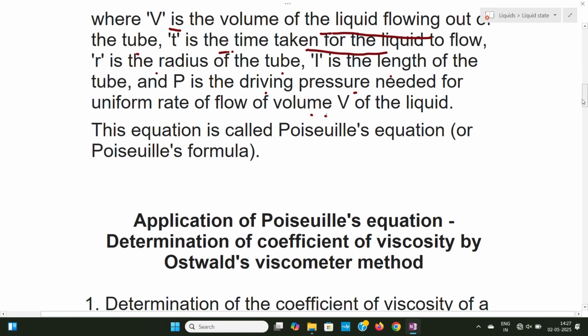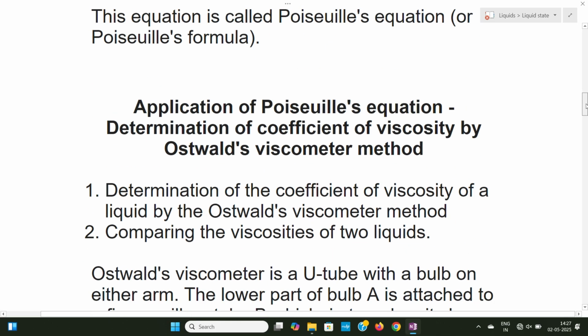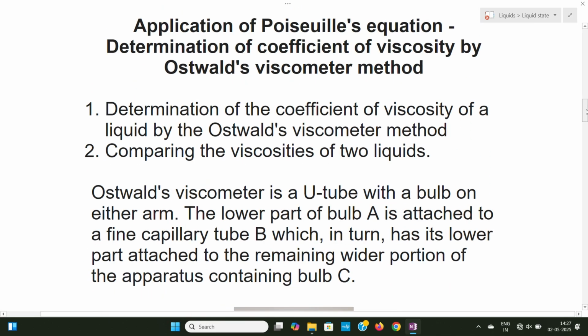Now, let us see the applications of Poiseuille's equation. We have two applications.